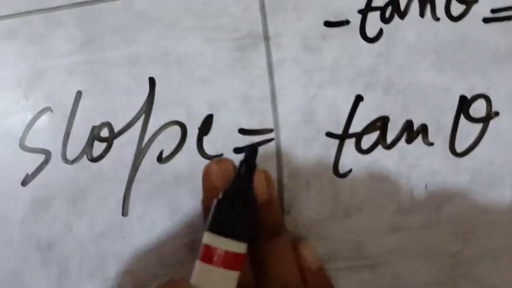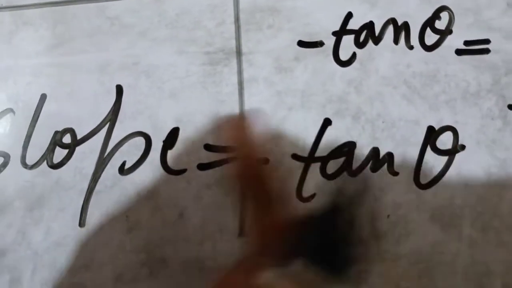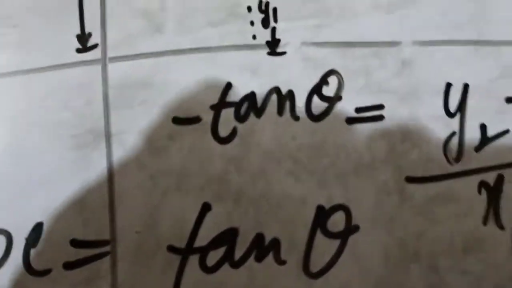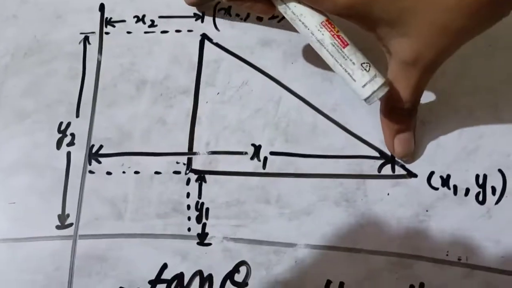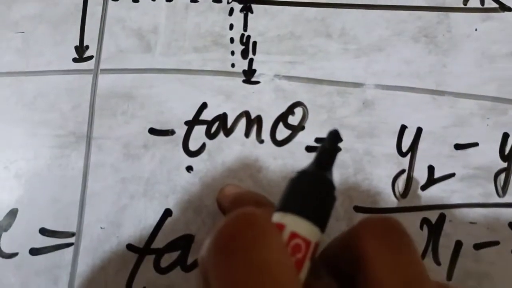Just leave that topic for now, do not think about that. Firstly, the slope is always tan theta, and the slope from this point to this point is this, but this is equal to minus tan theta, and you need to find the slope.